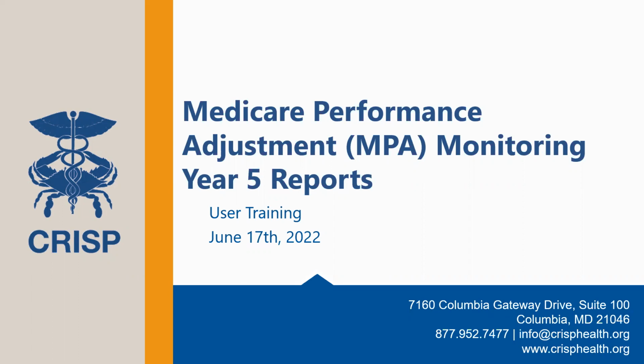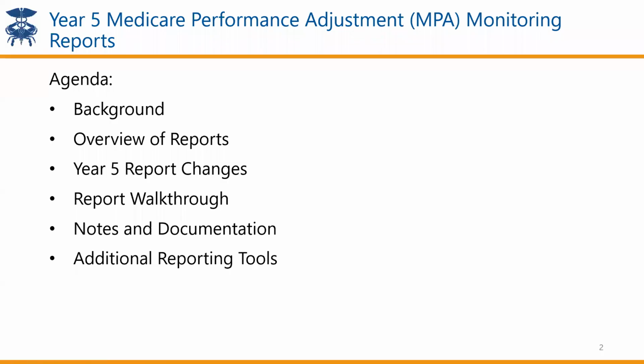All right, with that, I will walk us through the agenda for today. We're going to cover a few background items to keep in mind when navigating these reports. And we will show you what the reports look like and where to access them on the CRIS Reporting Services portal.